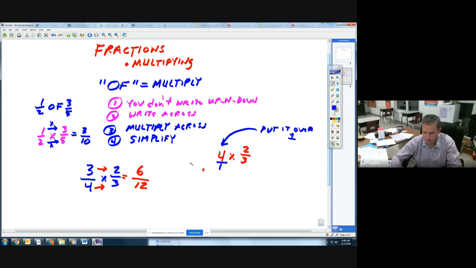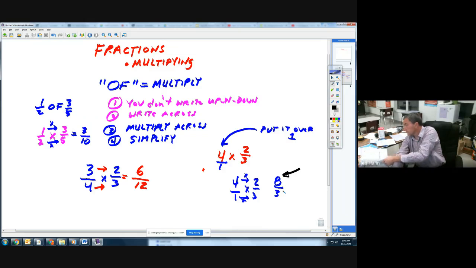So 4 over 1 times 2 over 3. And again, here we multiply across. 4 times 2 is 8, and 1 times 3 is 3. Now, remember that word simplify here? You certainly know how to change improper to mixed, I think.